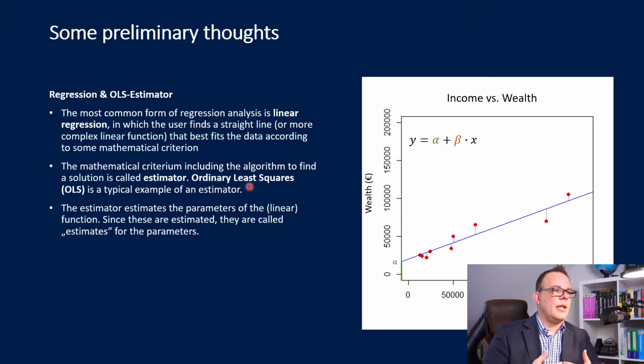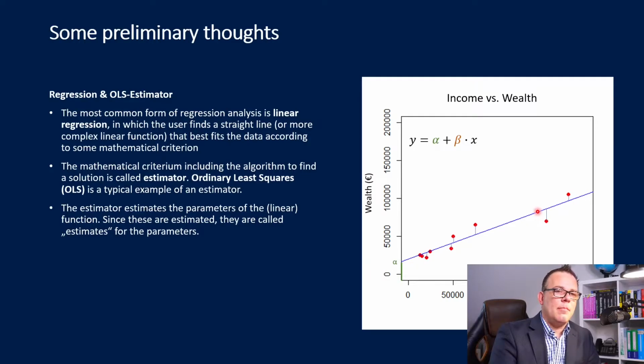We need some algorithm to fit this line to the data, because as you see here, the data is not perfectly matching the line. The data is some kind of fuzzied around that line, so we need an algorithm that fits this line best possible to the data.